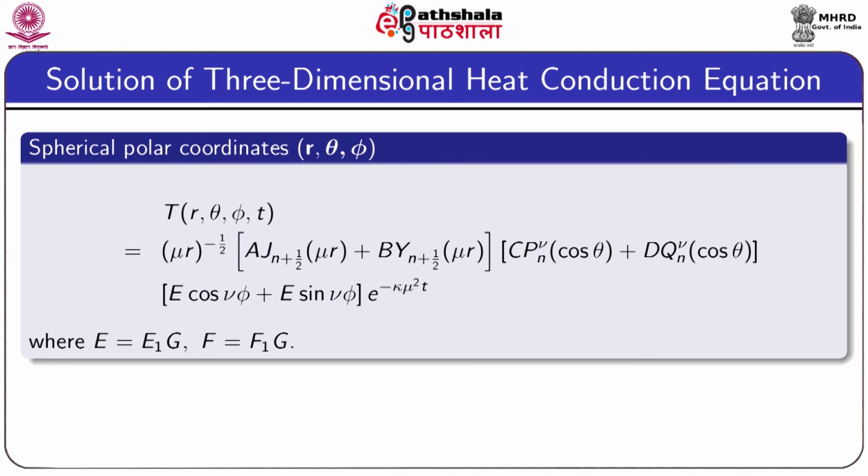Again, if we see the expression for theta, inside the sphere, theta equal to 0 is a point, but the Legendre function of second kind is undefined at theta equals 0. Therefore, the value of d can be chosen as 0. So, the general solution can be reduced by taking b equals 0 and d equals 0.